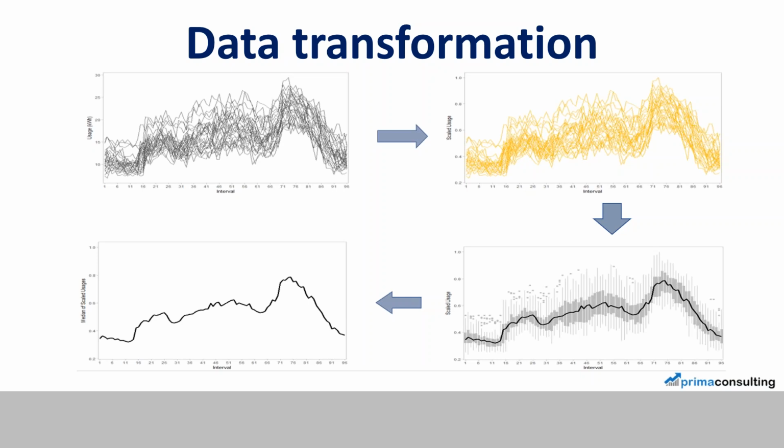For each customer, we ran monthly clustering, and the top left plot shows the 30-day usage. Since we are only interested in the shape of the curve, we standardized and normalized it, making it between 0 and 1 without losing the shape of the curve.